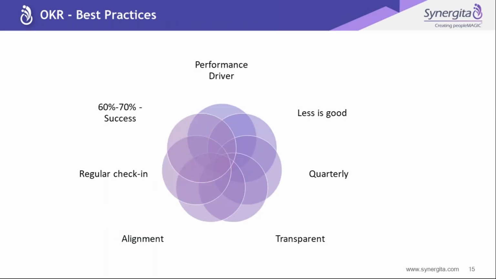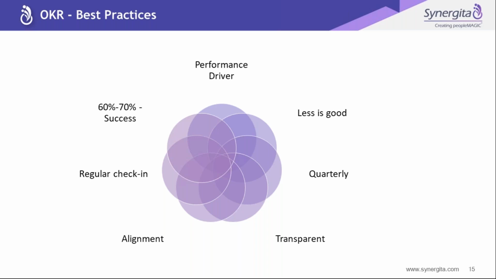And on to the best practices. Let us remember it's going to be a performance driver, so keep the overall OKR numbers very few, so that you focus only on those areas, and keep it on a quarterly basis with complete transparency and alignment.